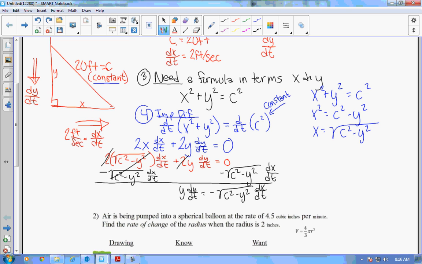Now, if you're running out of room, a nice pretty arrow showing where you're going would be nice. Divide out the y, so we get dy dt equals negative root c squared minus y squared all over y dx dt. And this time I won't forget to multiply by dx dt.